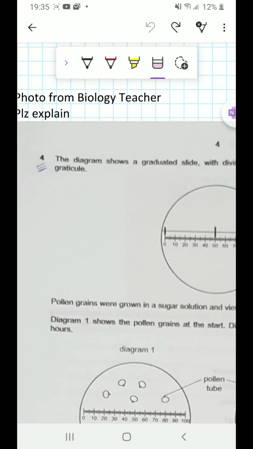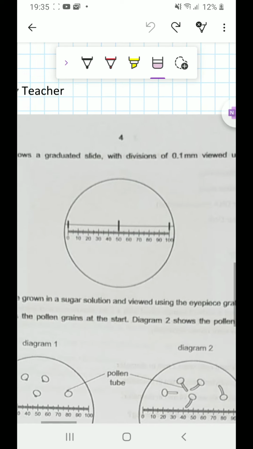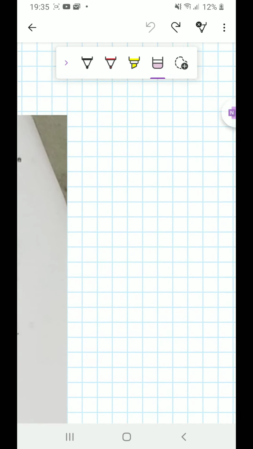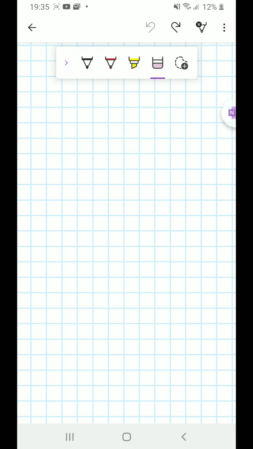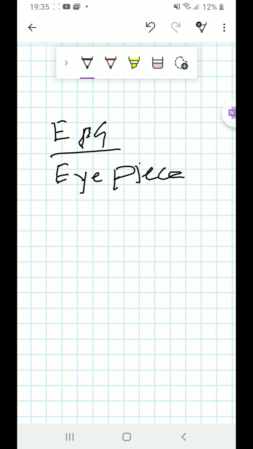Look at this question. This question is about the use of an EPG to measure the size of an atom. In this question, we must know what an EPG is. EPG stands for an eyepiece graticule.